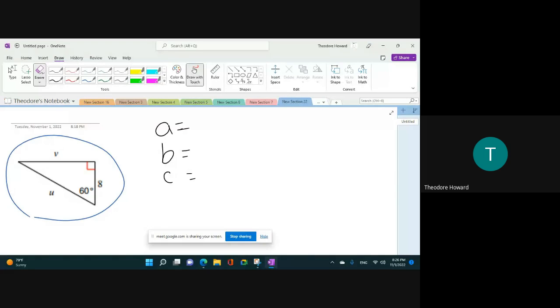So, what should U be in this case? U is the hypotenuse. What do you know about 30-60-90 triangles? The hypotenuse. Going back to what we just talked about. They did the triangle differently, so this is how they did it. 8 is going to be on one side.